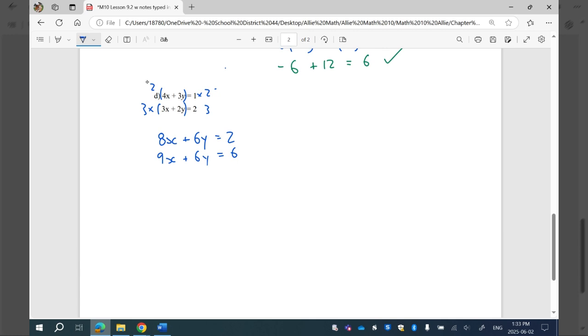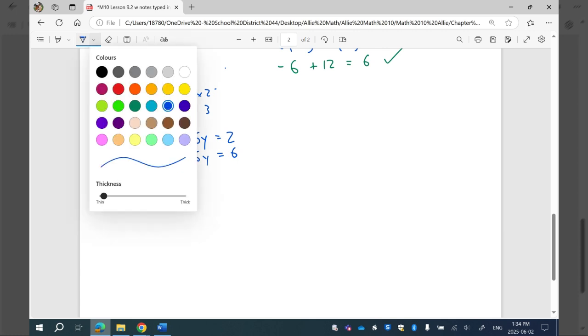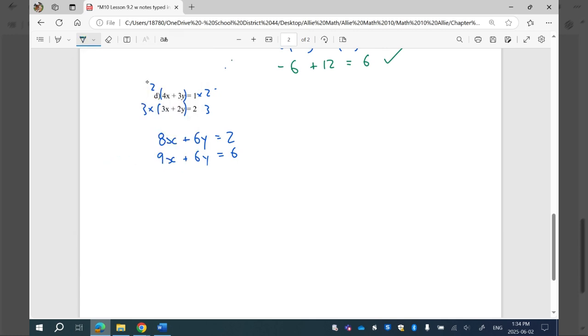So I just did the 3 times the 3x, 9x, 3 times the 2y, 6y, and 3 times 2 is 6. I did the 2 times the 4x, 8x. I did the 2 times the 3y, 6y, and 2 times 1 is 2. And now they're the same, so I'm going to subtract them.